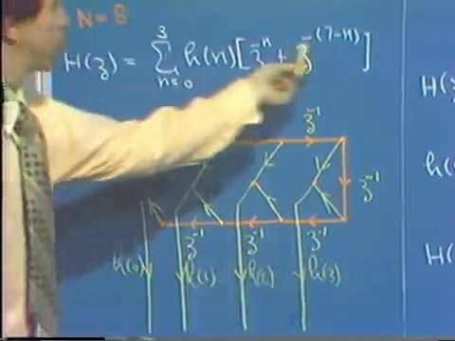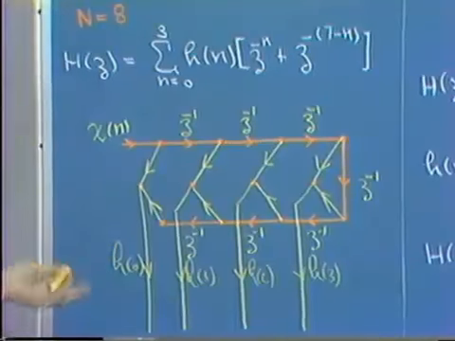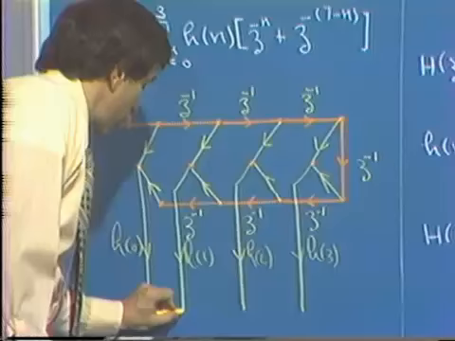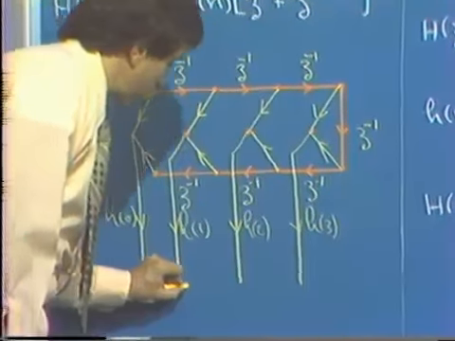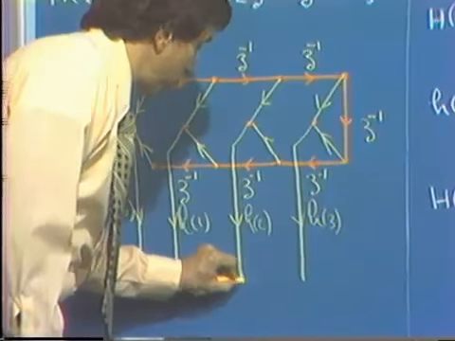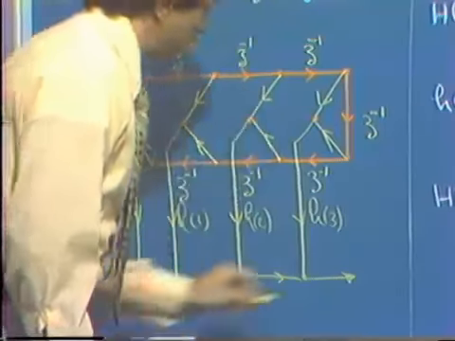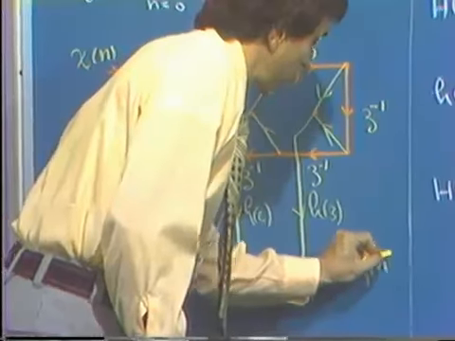That forms the individual terms in this sum. Finally, we add those together at their outputs to form the output y of n.